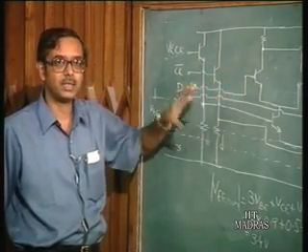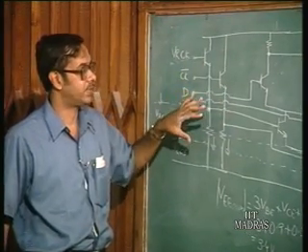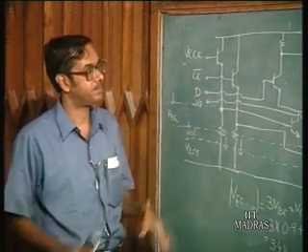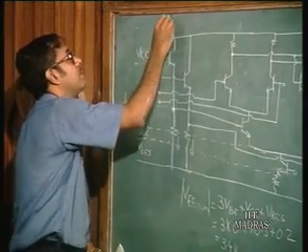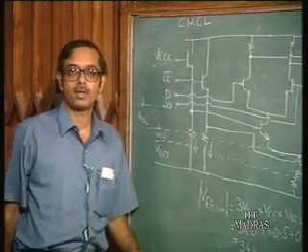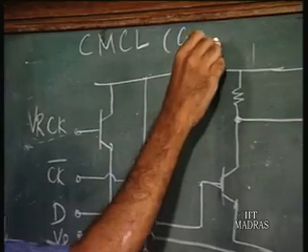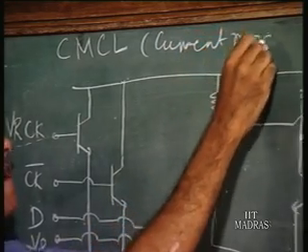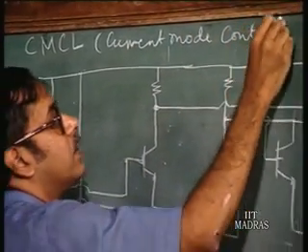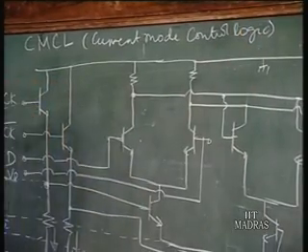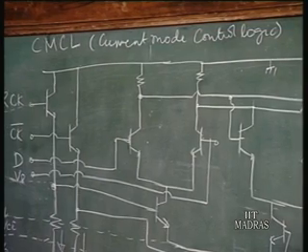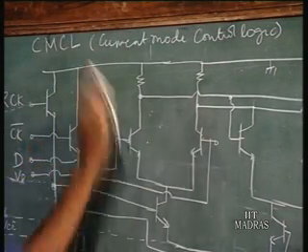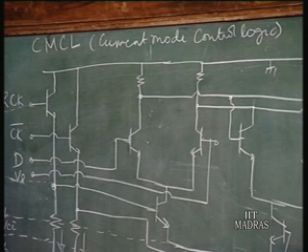Now I will come to the newer concept of the circuitry, which is called the new circuit which has been proposed. The circuit is called by the name CMCL, or current mode control logic. Now we shall see what the modifications are here.